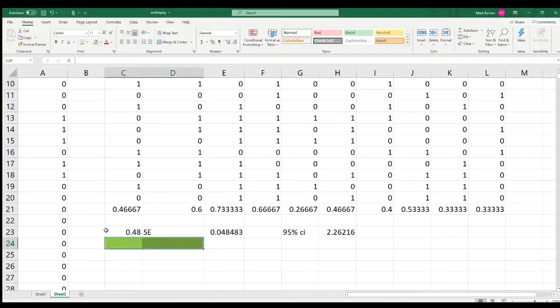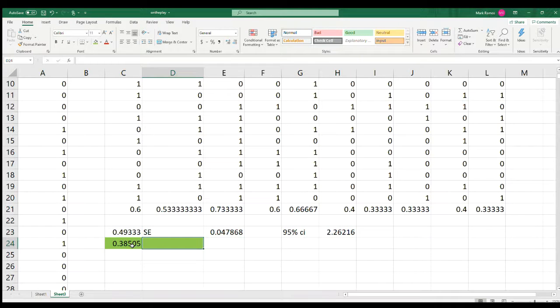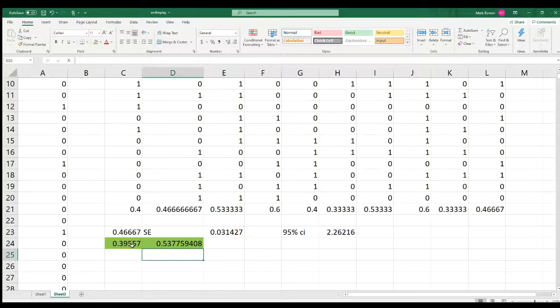So with that, we can now construct our confidence interval, which is still essentially the estimate minus the standard error multiplied by this value for the lower bound, and then the upper bound is the estimate plus the standard error multiplied by the confidence value.